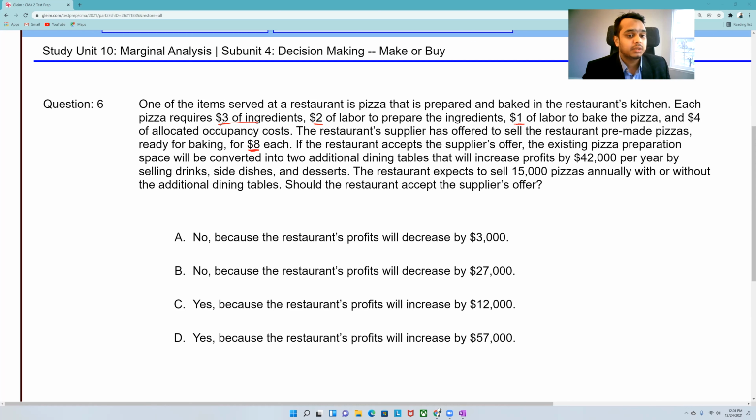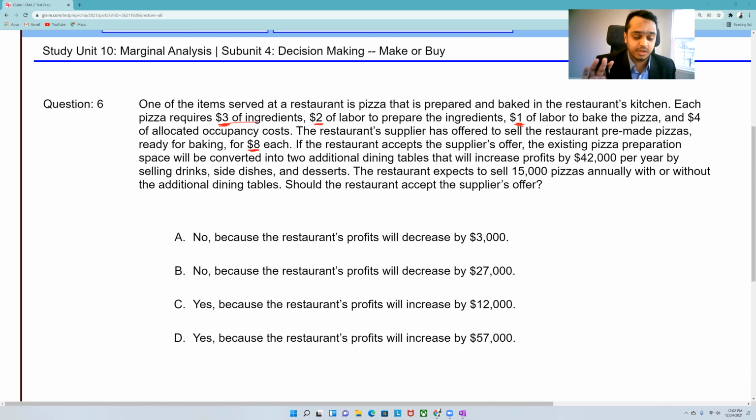So what happens here is the $3 and $2 will be removed, because what did they say? Ready for baking. So you will have to bake it. So this baking cost will still be there, and this occupancy cost again will be there.